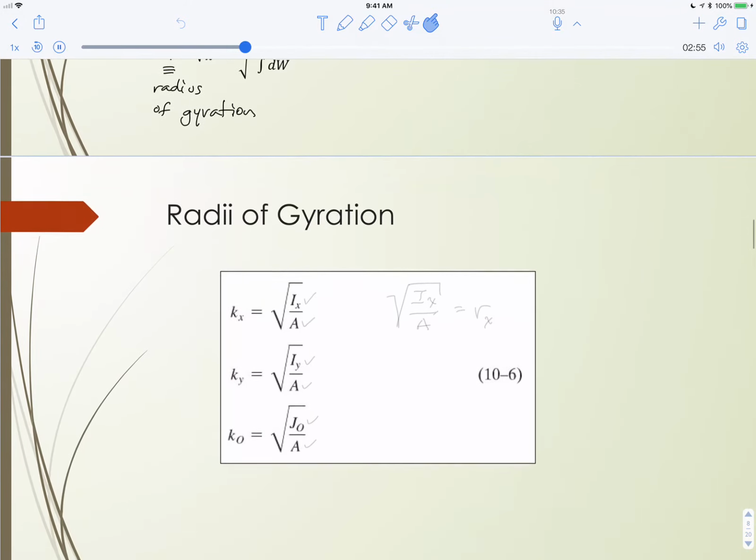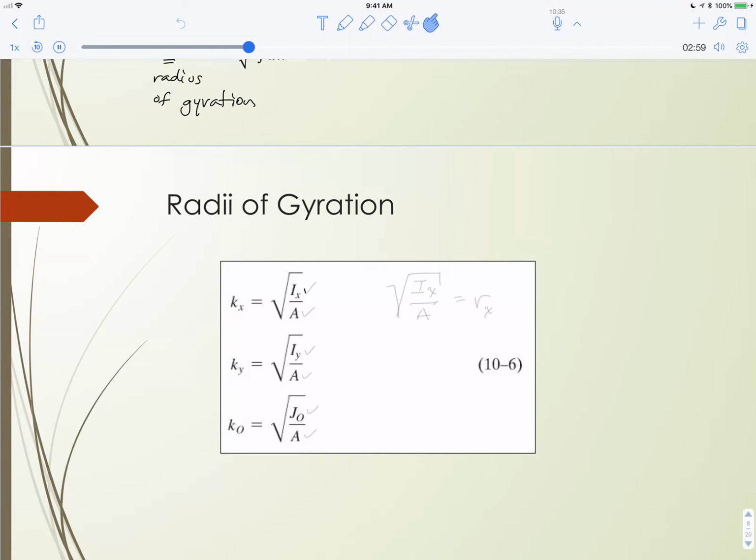The integral x squared dw in the numerator is integral Ix, and the integral dw is A, well actually all those dw should be dA, sorry. And then you get Iy over A square root and polar moment of inertia over A square root. So all you do is you get the moment of inertia divided by the area, and then take the square root, and that will be the radius of gyration.